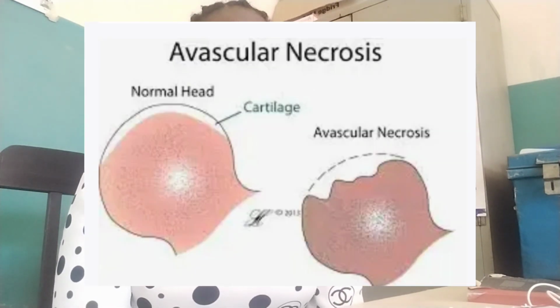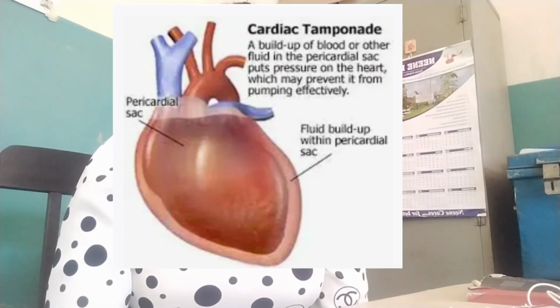Some of the indications that these patients would be liable for surgery are if there is an open fracture that is contaminated, if there is head injury, if there is impending compartment syndrome, if there is avascular necrosis, if there are fractures at risk of avascular necrosis, and if there is cardiac tamponade.